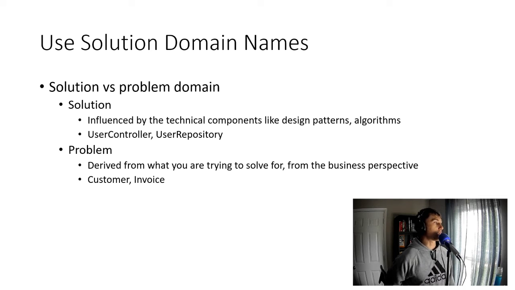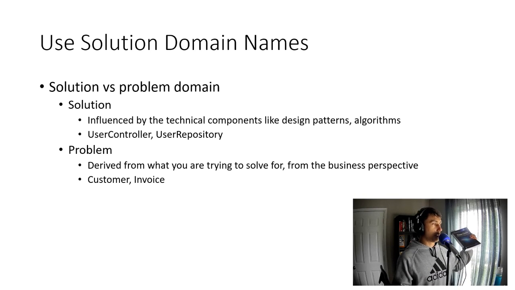What's the difference between solution and problem domain? Well, the solution domain is influenced by the technical components, like the design patterns and the algorithms, basically things that only the programmers would know. The problem domain is derived from what you are trying to solve for, and it's from the aspect of the business. So think about it like that.